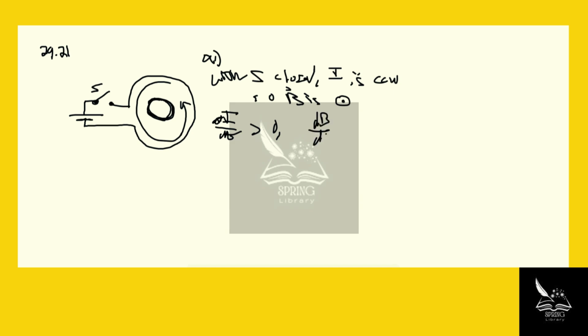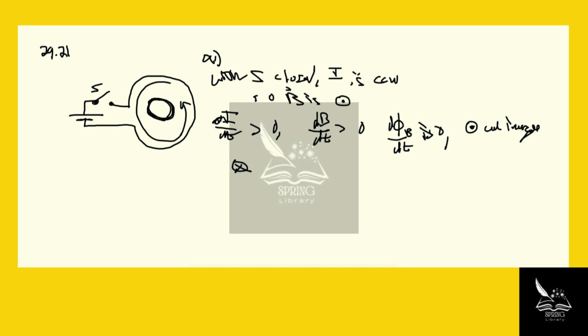So dB/dt is greater than 0, which means the change in flux is greater than 0, and that means it is out of the page and increasing.